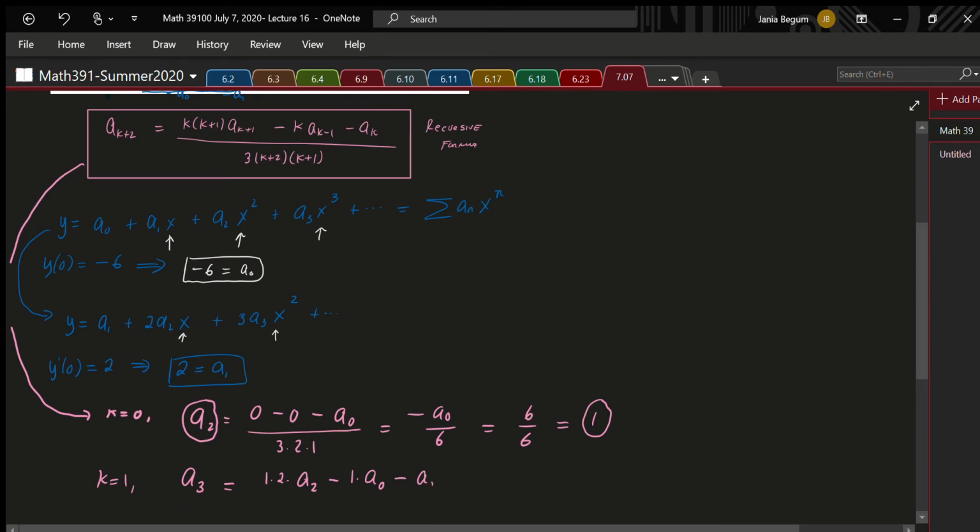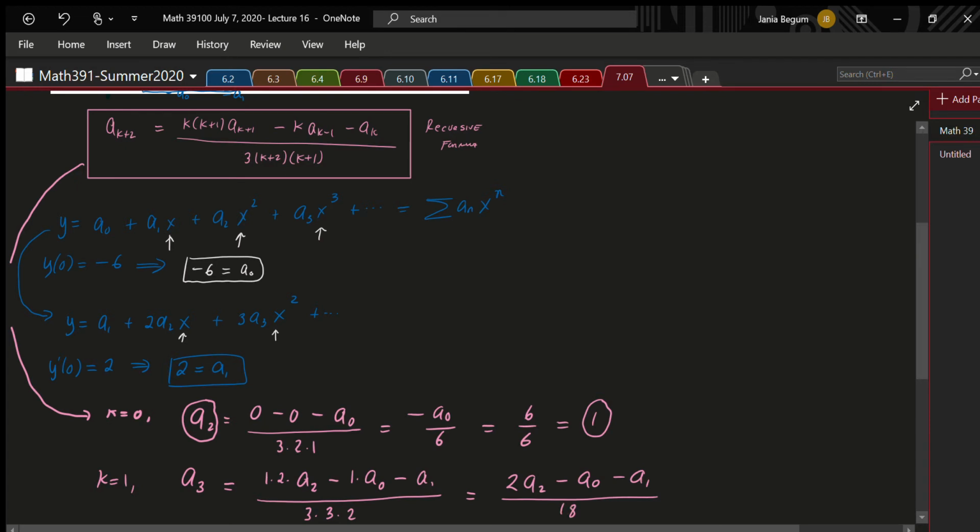Everything over 3 times 2. So that's for A sub 3. And by simplifying this, we have 2A2 minus A0 minus A1 over 9 times 2, that's 18.